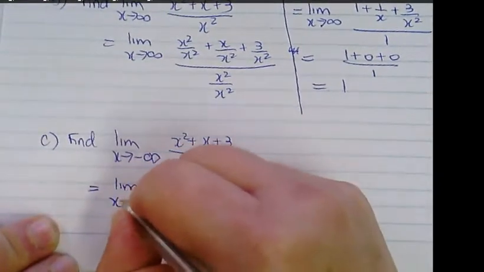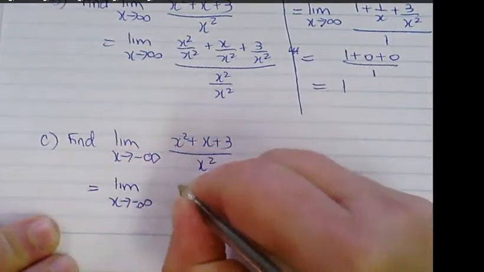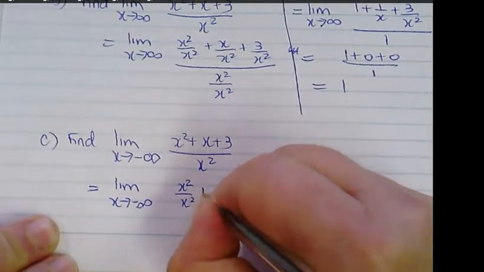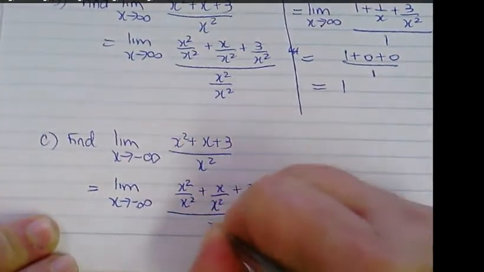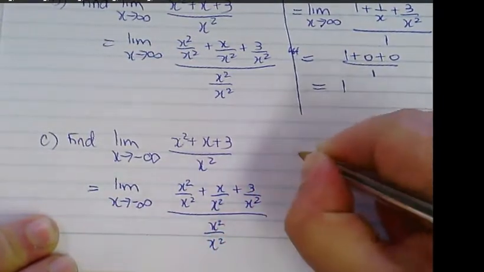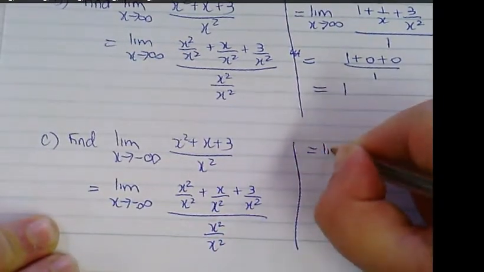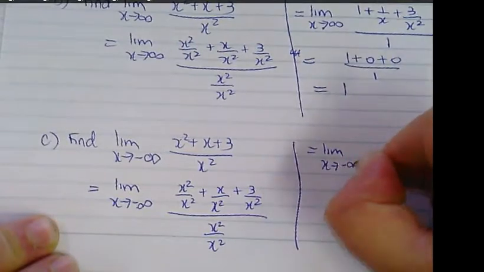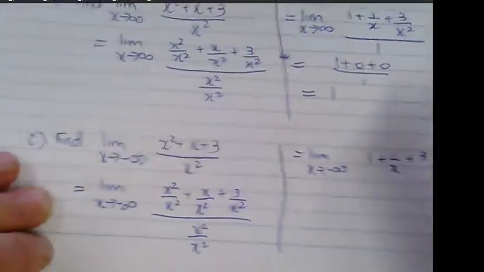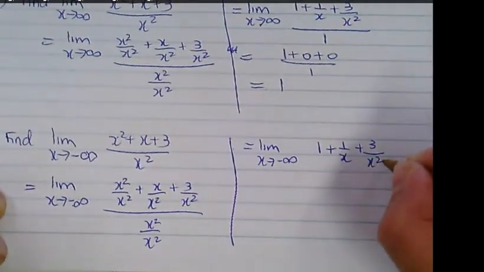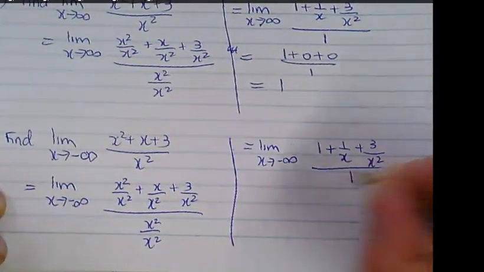So that's the limit as x approaches negative infinity of x squared on x squared plus x on x squared plus 3 on x squared over x squared on x squared, which is the limit as x approaches negative infinity of 1 plus 1 on x plus 3 over x squared over 1.